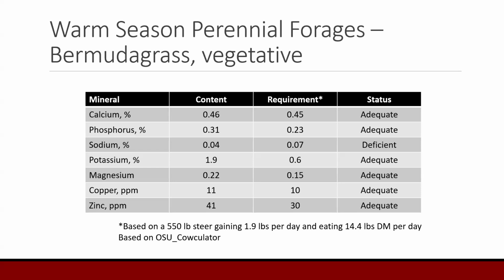So we are meeting all of our mineral requirements except for sodium. How would we provide sodium to cattle? Salt. So even the highest quality Bermuda grass pasture is still going to need some source of salt to meet sodium requirements. But everything else is adequate.